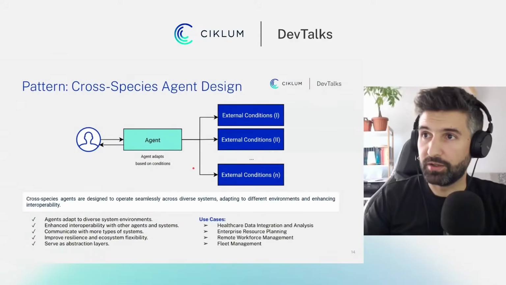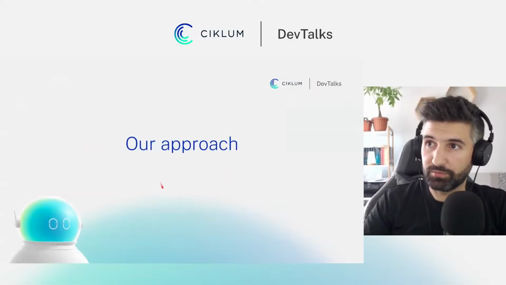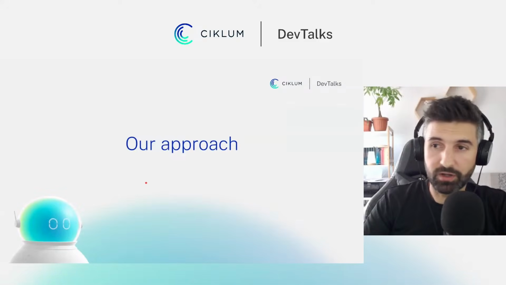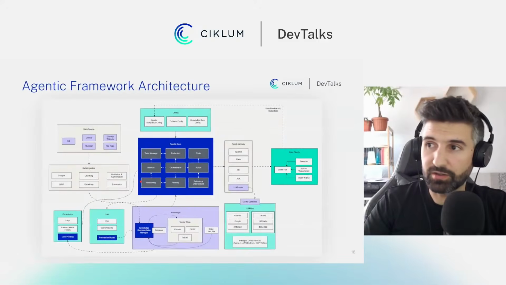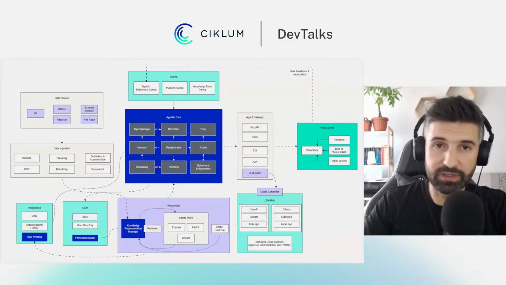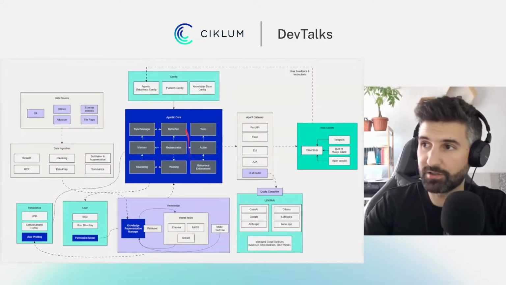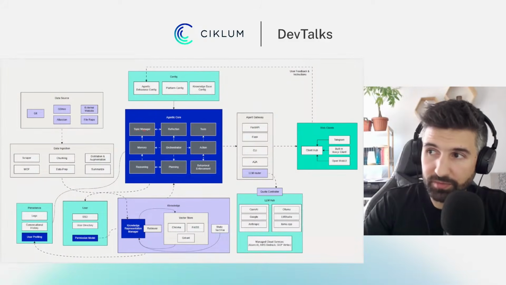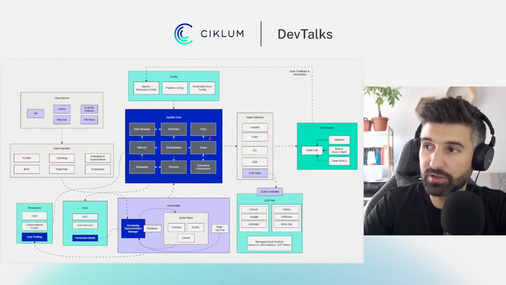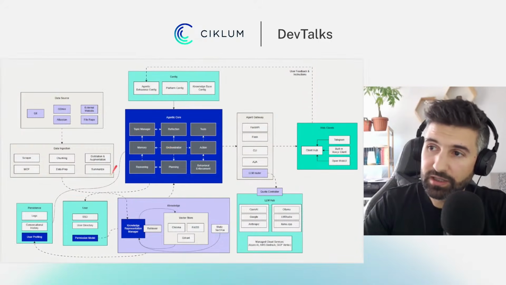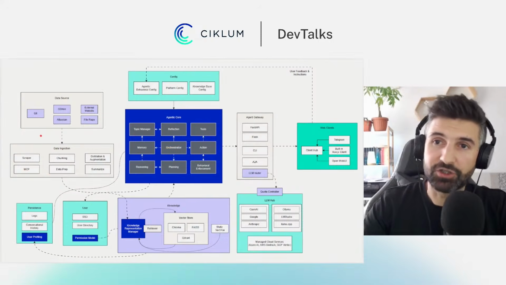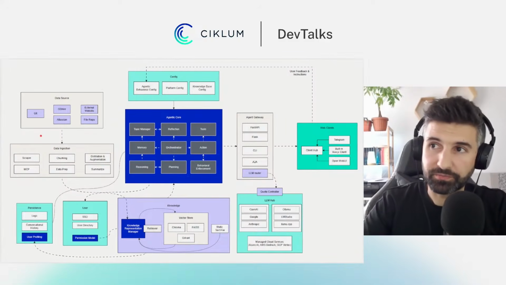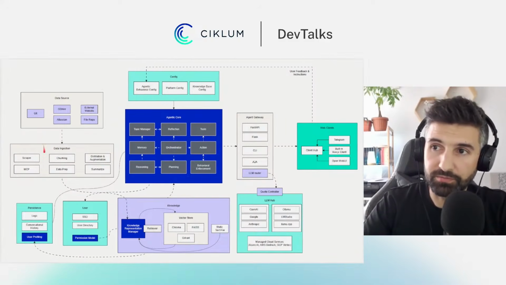Now, going back here to the use cases, let me see what our approach is in this regard. In our approach to designing agentic architecture, we have an agent core, which has multiple sub agents such as topic manager, reflection agent, and tools calling agent, and a data source that ingests data from different platforms.